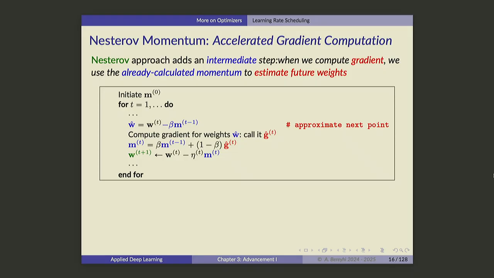So when you want to do the backpropagation, instead of just doing it on the weights that you have, you do the backpropagation on this adjusted weight. The reason that you adjust like that is because you want to approximate the middle point, and then you would say, well, the gradient of that point would probably be more useful as compared to the gradient of the start point, right?